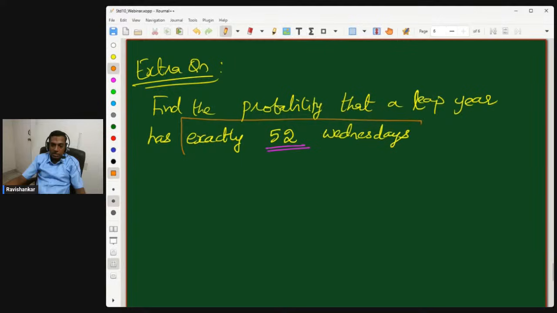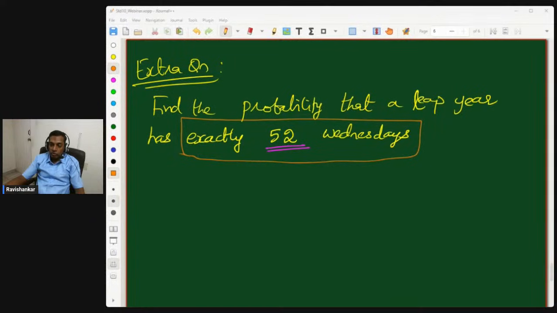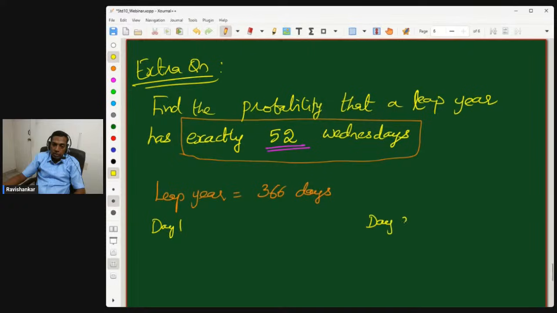The question is, what is the probability that a leap year has exactly 52 Wednesdays? First thing is, a leap year is 366 days. If you look at day 1 to day 364, 364 is 52 into 7.